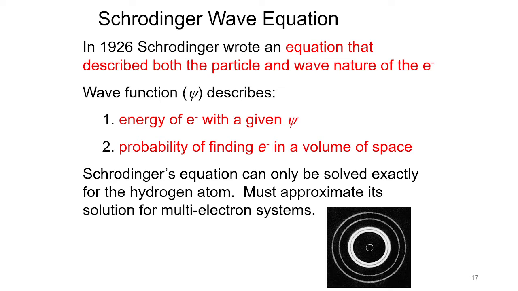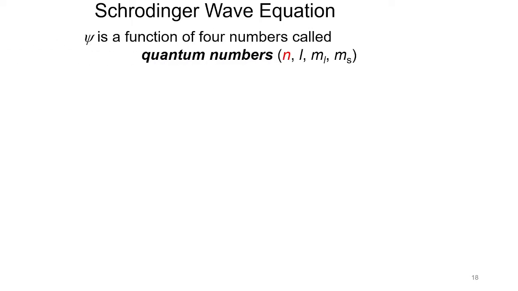Okay, so using Schrodinger wave equation, we actually have four numbers which we call the quantum numbers. We have there the n, the l, the m sub l, and the m sub s, wherein n is the principal quantum number.